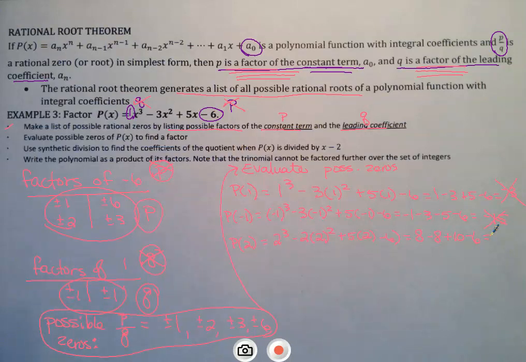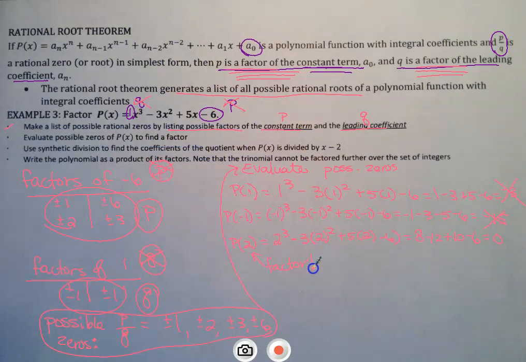Hold on, wait. I forgot, this is 3. I wrote the wrong number. This is 3 times 2 squared, which is going to change this 8 here. So my bad. 2 squared is 4. 4 times 3 is negative 12. So 8 minus 12 is negative 4. Plus 10 is 6, or 6 minus 6 is 0. Woohoo! We have found a factor.